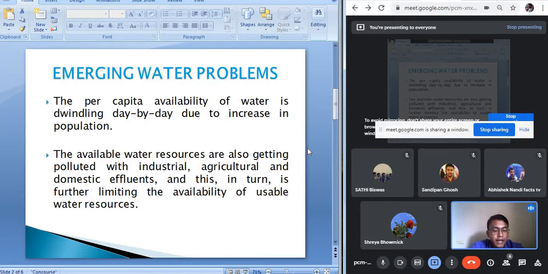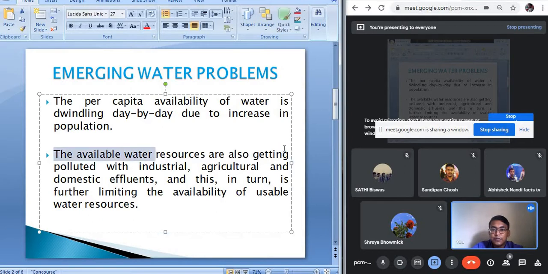On the other hand, there is also another issue: this fixed freshwater resource is also getting depleted and polluted. So the per capita availability of water in the present day has reduced to a very low level.